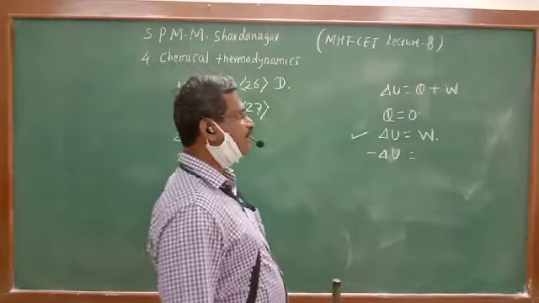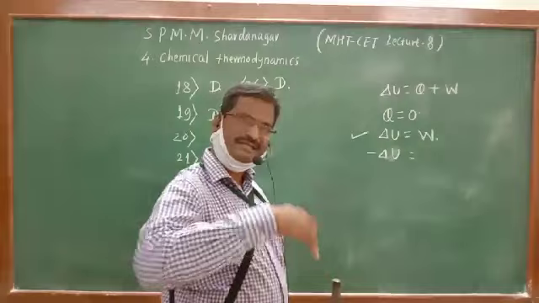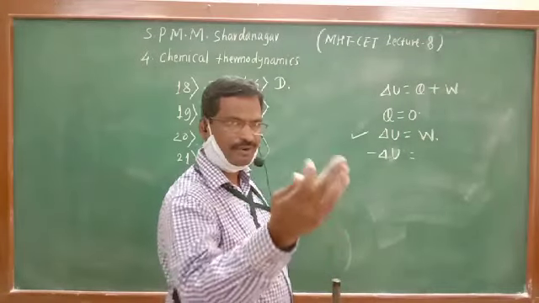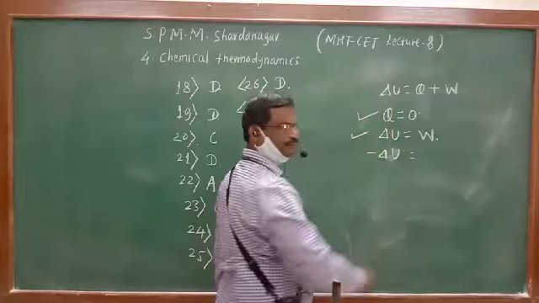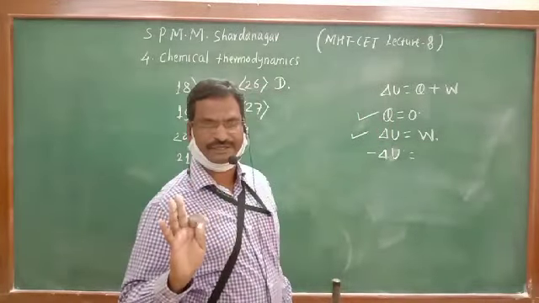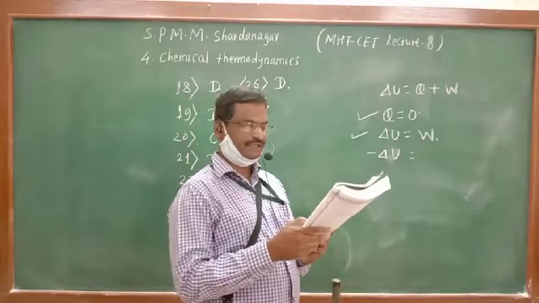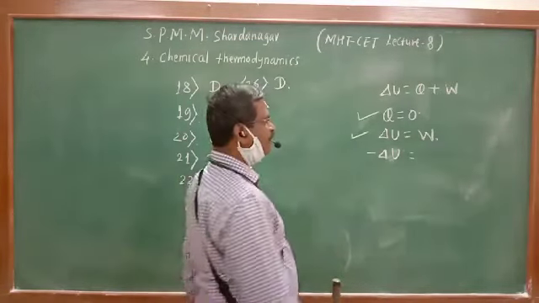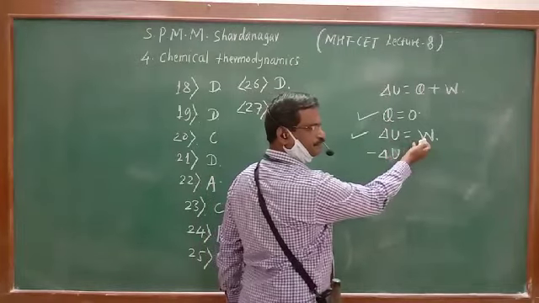In the insulated apparatus, neither heat flows from system to surrounding nor from surrounding to system. Therefore, Q is equal to 0. It is nothing but the adiabatic process. Insulated container means adiabatic process. Q is equal to 0. And whenever Q is equal to 0, delta U is equal to W.